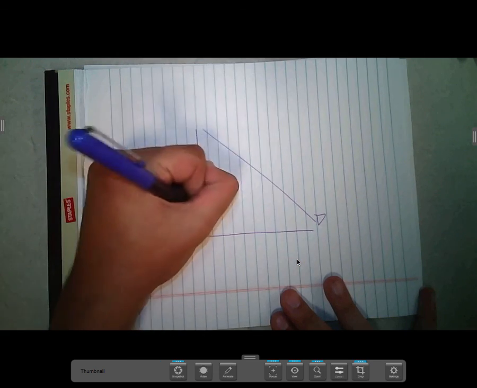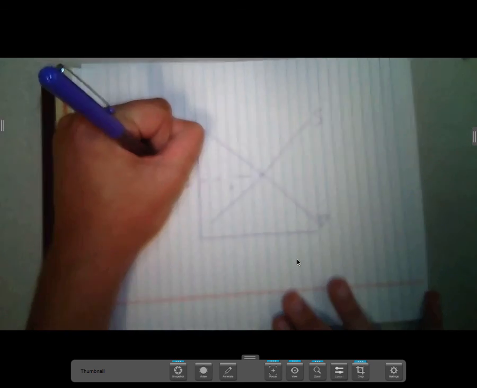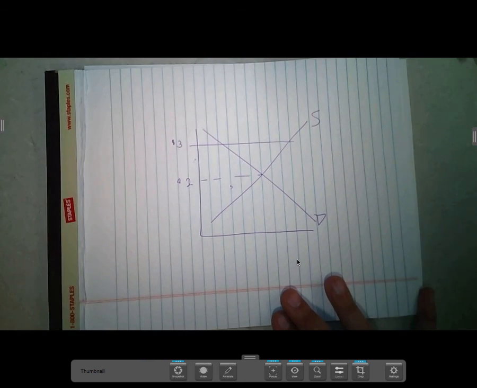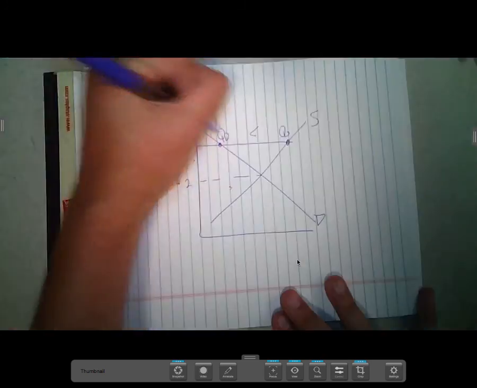How would it have existed if there was a free market? Demand and supply. If the price had been $3, the quantity supplied would have exceeded the quantity demanded.